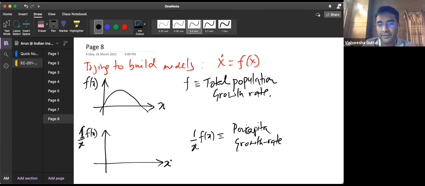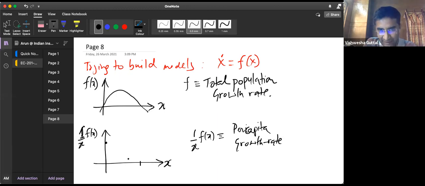So if per capita growth, if you think of intra-specific competition, right? Because we can say that when the population density is very small, competition is least. So therefore, the per capita growth must be maximum, right? So I would start with the maximum value here, and then we can say when the population size is large, the per capita growth rate becomes small.